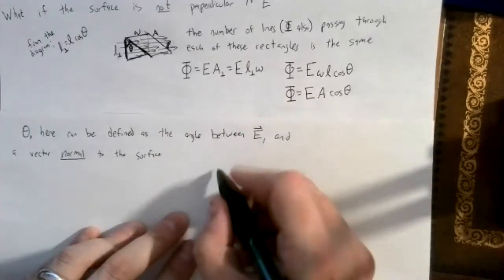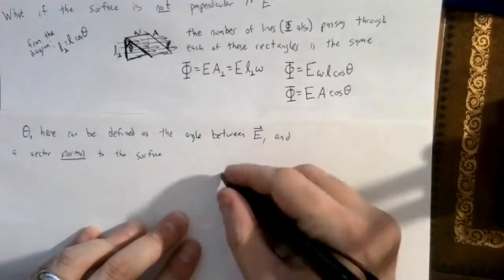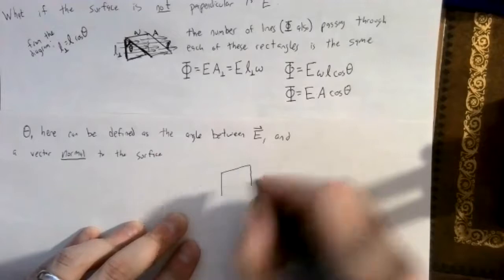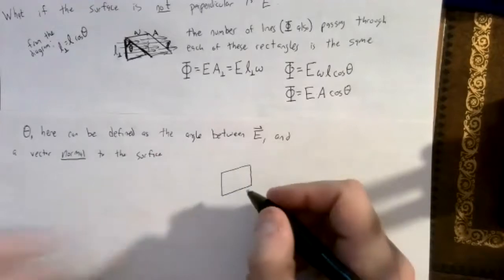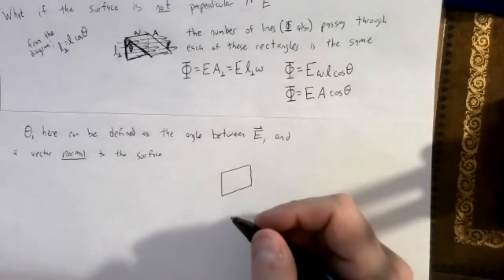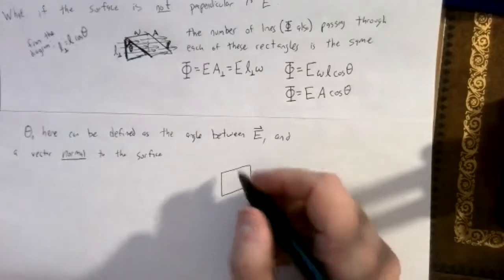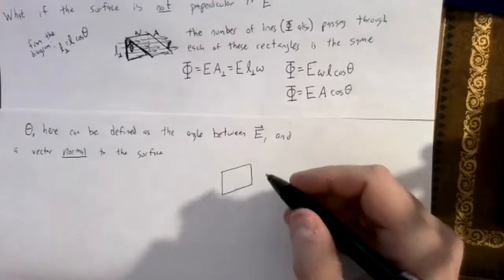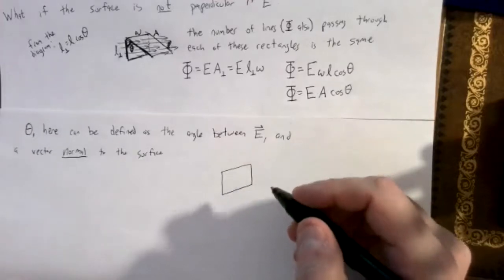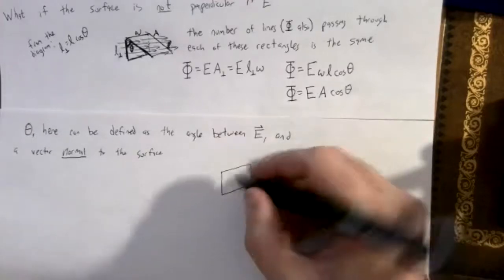So if this is my surface here, do you know what we mean by normal to a surface? Yes. Perpendicular. Perpendicular, exactly. Thanks. So a vector perpendicular to the surface.